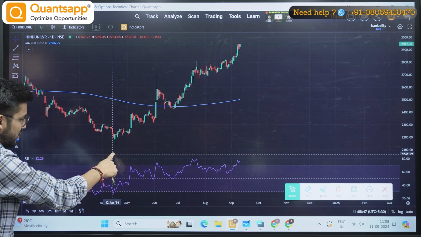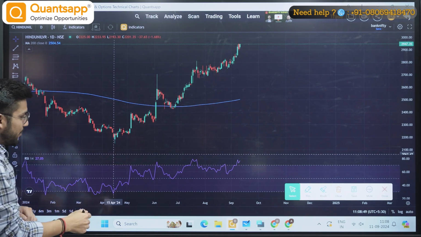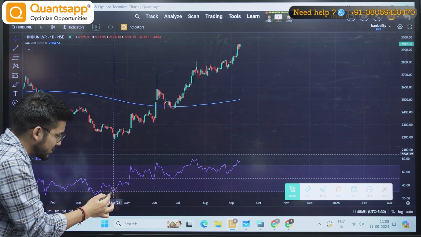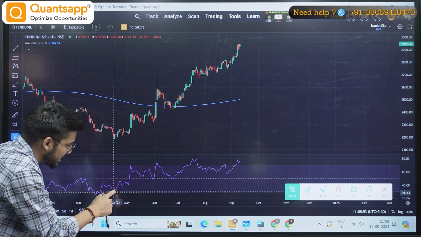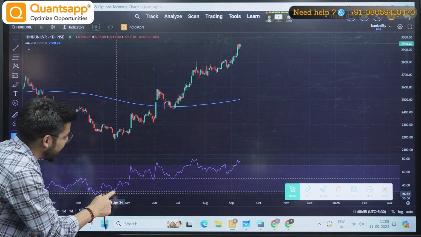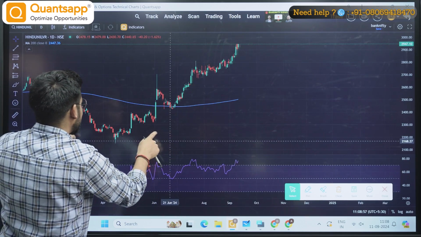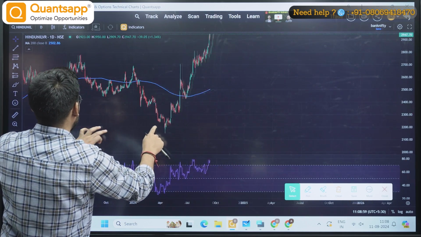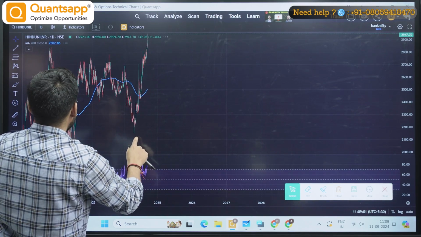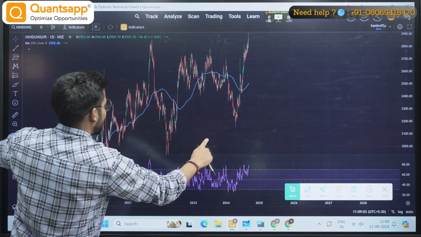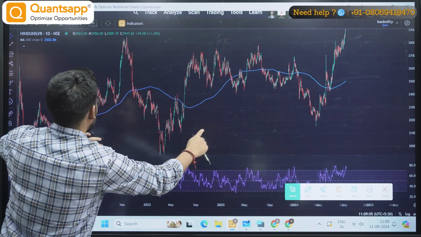Coming back, I can also see at this particular time my market was here in the RSI, coming above from the oversold zone.